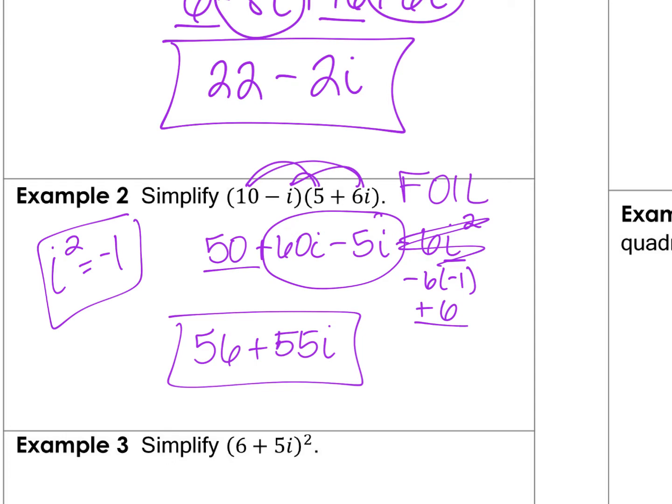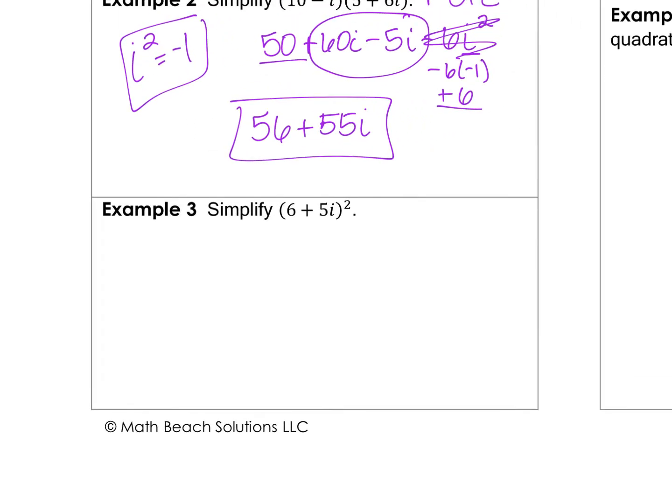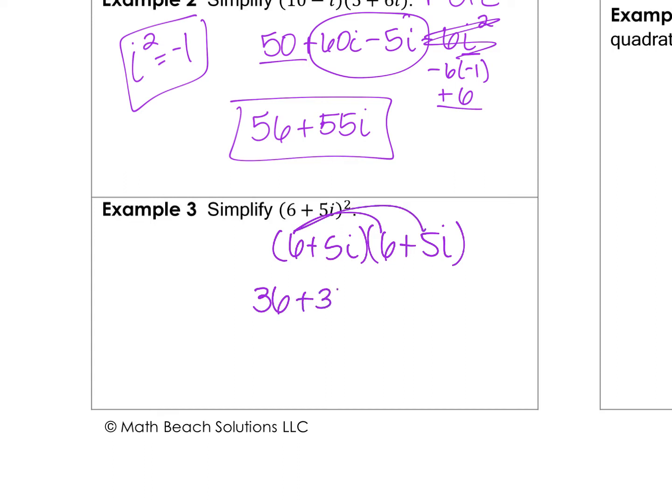at the end. Okay, so looking at number 3, this one says we're going to be squaring it, which means we'll multiply it by itself. So write it twice. It's very similar to what we just did in the last one. We're going to have to use FOIL. So 6 times 6 is 36 plus 30i plus 30i, and then 5i times 5i is 25i squared.